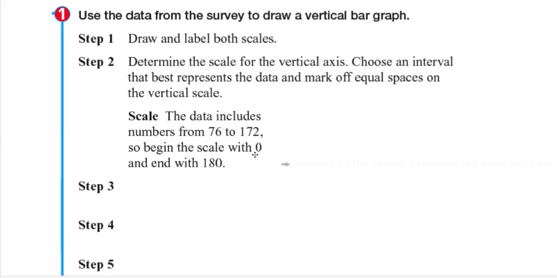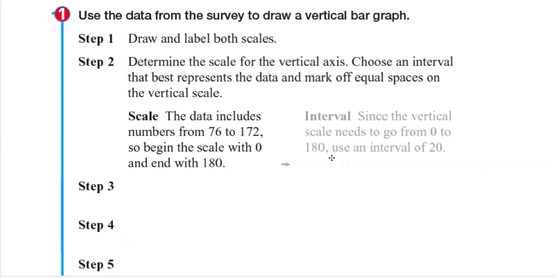Now that we've determined our scale from 0 to 180, okay, let's determine our intervals. Okay, since the vertical scale needs to go from 0 to 180, we use the interval of 20. Remember in 2-2, we talked about intervals. If you are going to choose intervals, it should be from 4 to 7. That would be a good way of choosing the number of intervals.